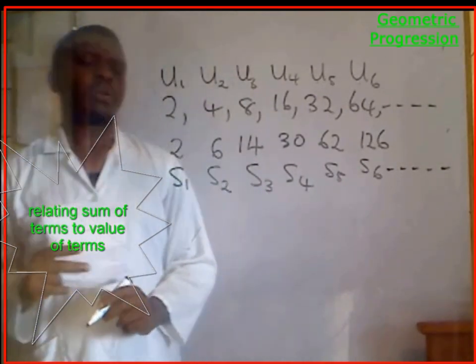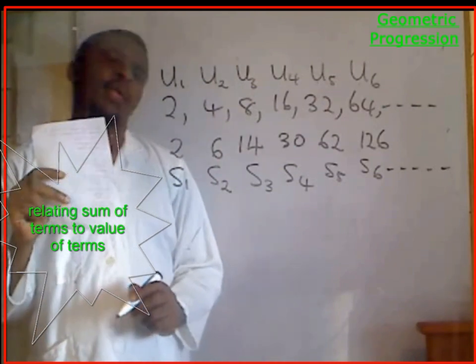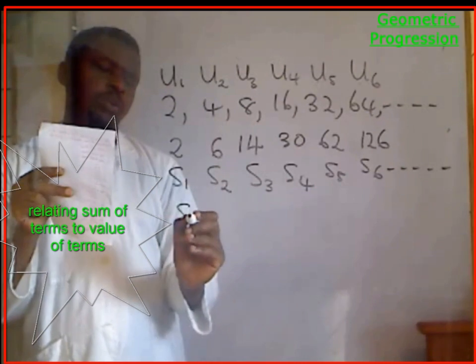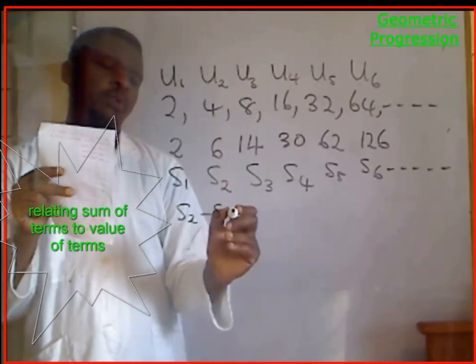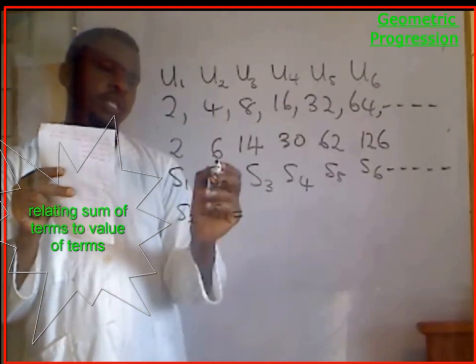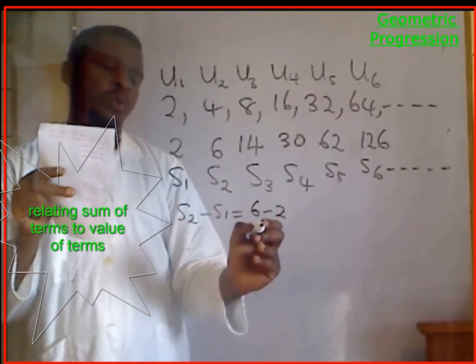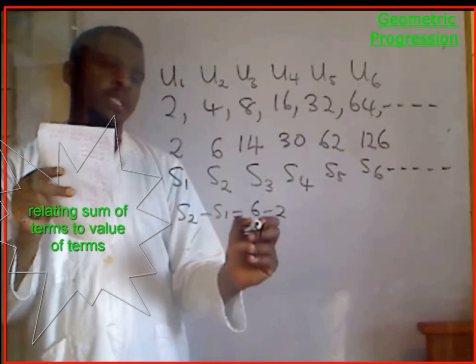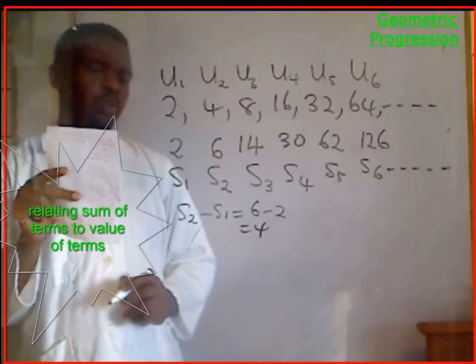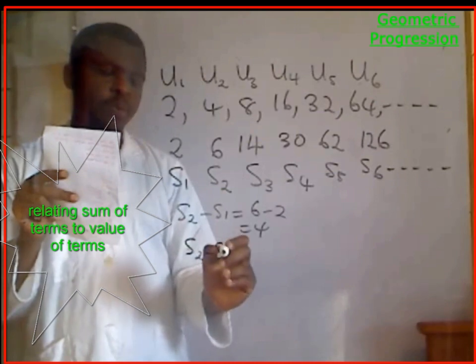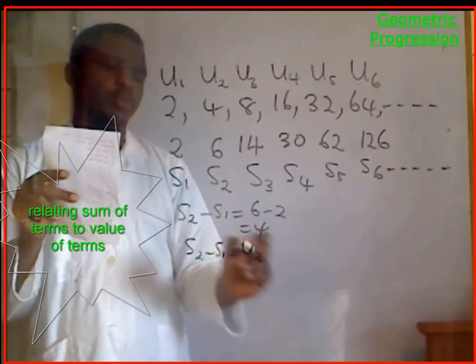So now, what do we see here? I see here that if I subtract S2 minus S1, what will it give me? This is 6 minus 2, which gives us 4. And this 4 corresponds to U2. So S2 minus S1 is equal to U2.